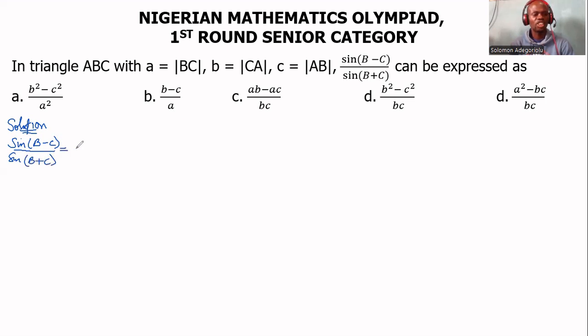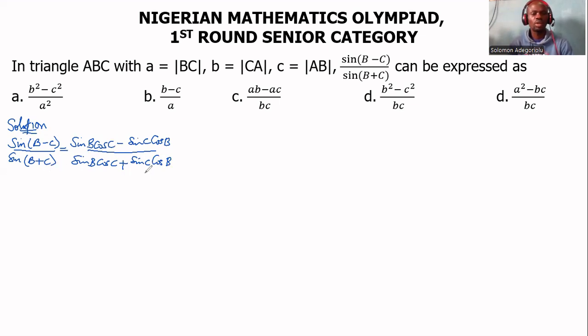And let's take note that the expansion of this is going to give us sine B cos C minus sine C cos B, everything over the same thing with the denominator: sine B cos C plus sine C cos B. This is the first thing we need to do.